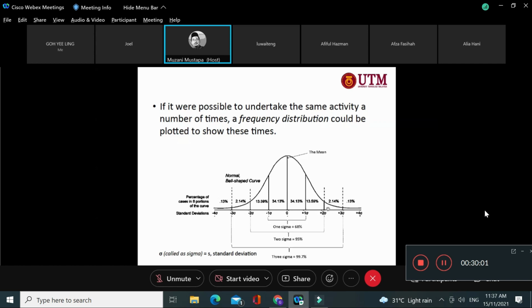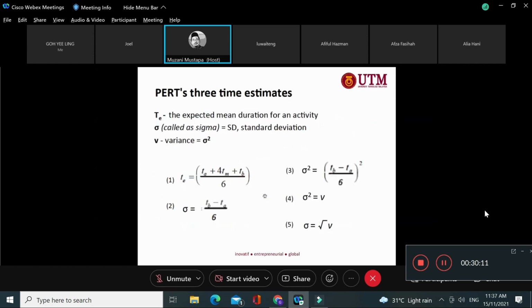So 18 ni, the TB ni ialah the worst case tu, the possibility-nya mungkin 1/6 je, right, yang berlaku dekat sini. So that's why the formula here represent like this, right? So you divide by 6, so you can see 1, 4, 1. So maksudnya 6 divide by 6 is equal to 1, right? So 1 maksudnya is certain lah, the time estimation is certain, mesti ada 1 je, right? So this is how the formula derived, okay, for TE.